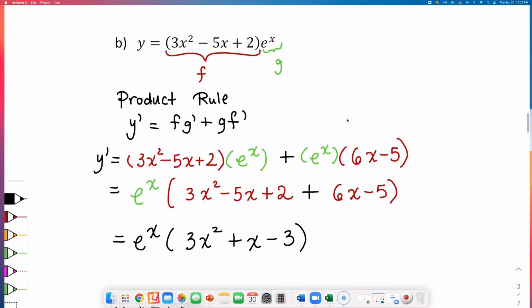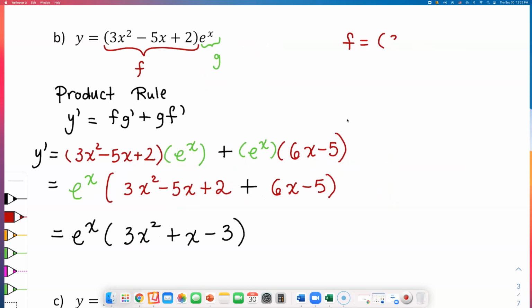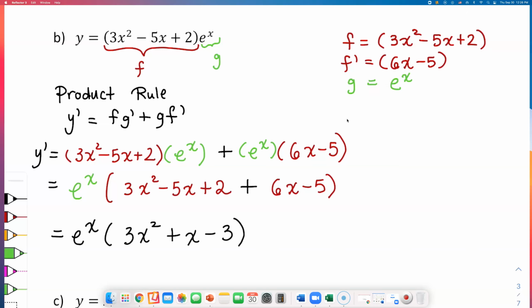We were using the product rule. Let me go back and write down the pieces. We used f to be that first piece of multiplication. When we take the derivative of that, we got 6x minus 5, right? And we said the second piece that's getting multiplied is e to the x.